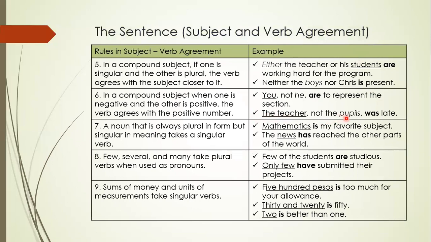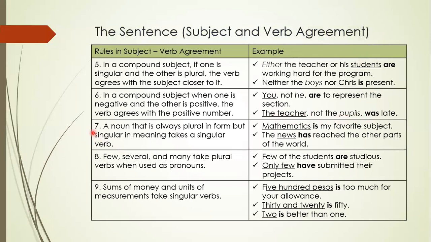Again, the verb must follow the positive subject. So not the pupils is negative, so you don't need to use were. You have to use was for the teacher. All right, we're good with that. Crystal clear. All right, let's move on.